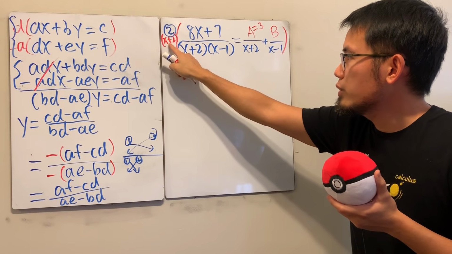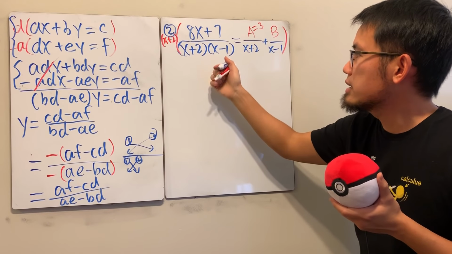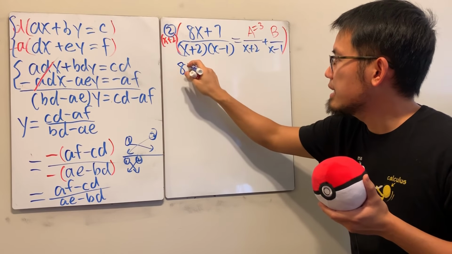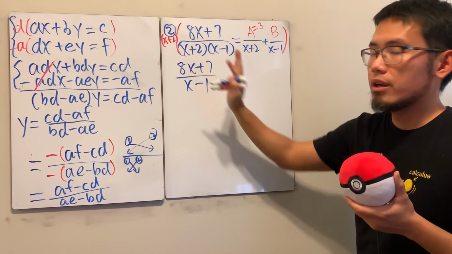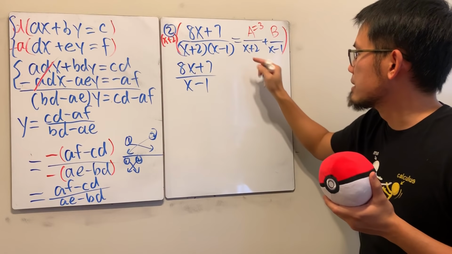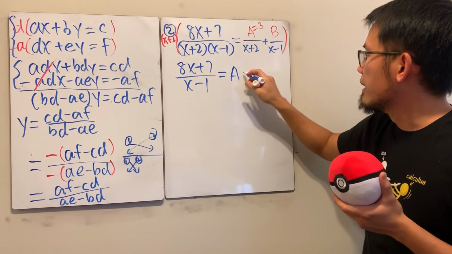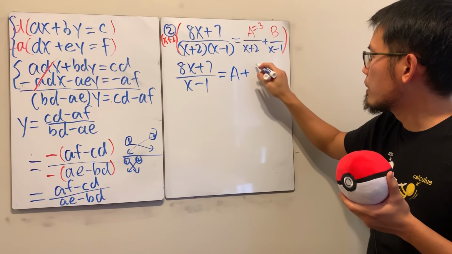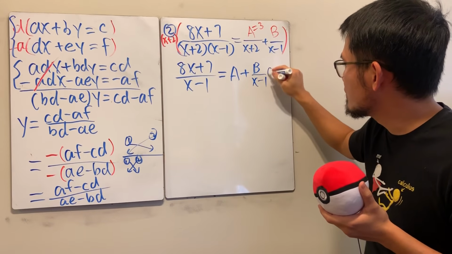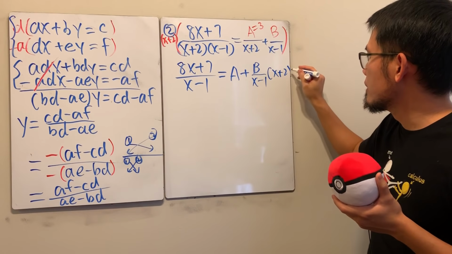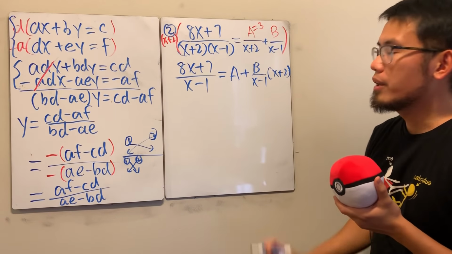If we do that, then when we multiply this with this, what we just get is (8x + 7) over (x - 1). This right here, they cancel. And then this times that, we'll just get a, and then we will just add b over (x - 1) times (x + 2). They don't cancel. So you still have this right here.